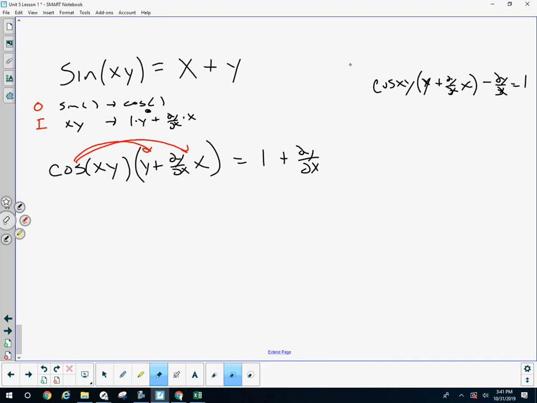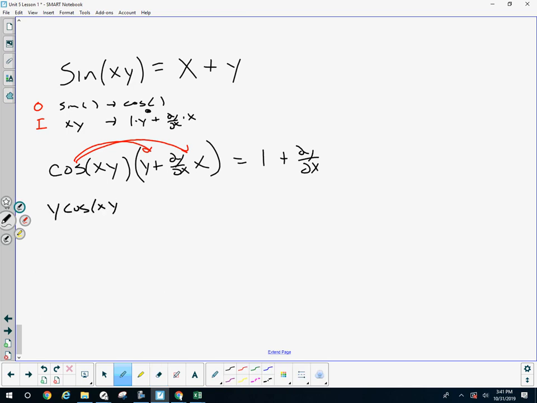So, good instincts, and whenever you see parentheses and a dy/dx inside parentheses, sometimes, depending, you will need to distribute. I get y cos xy plus dy/dx x cos xy equals 1 plus dy/dx.